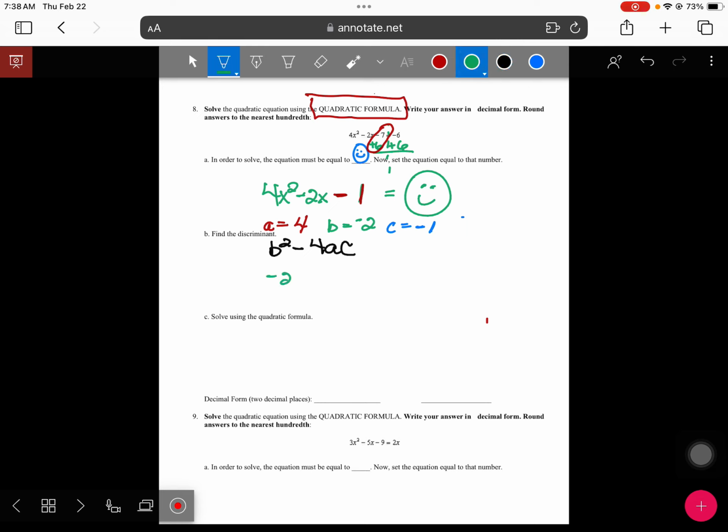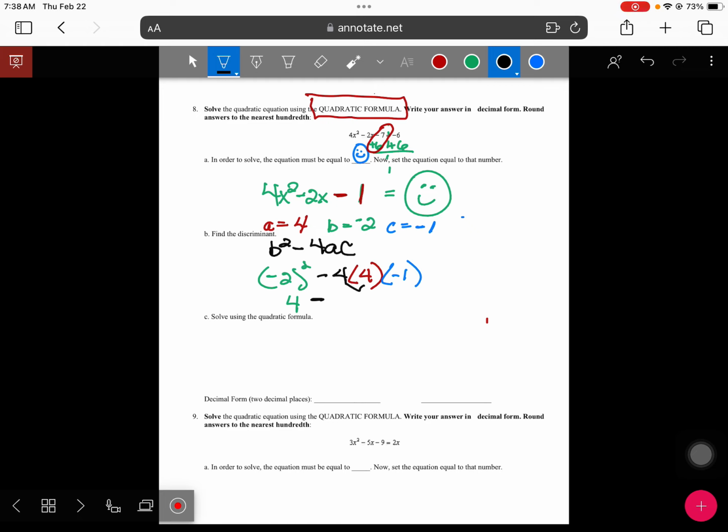B is -2 squared minus 4 times your A value of 4 times your C value of -1. So -2 squared is 4 minus, because you need to do multiplication before you subtract.